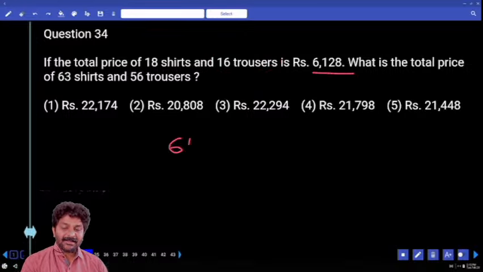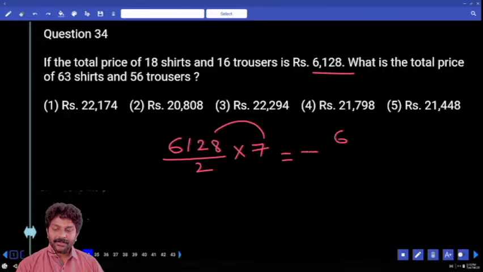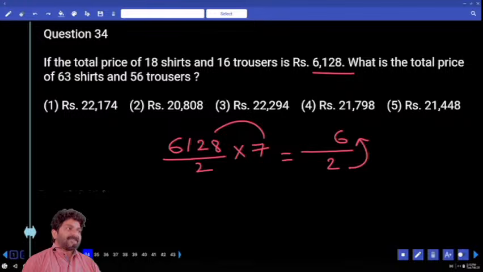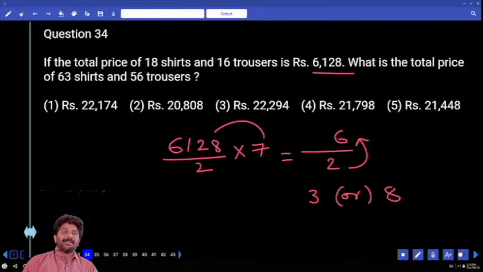How much is that? By 2 into 7. Correct? Numerator ends with 7 into 8 ends with denominator 2 into which number ends with 6? Either 3. That means answer must end with either 3 or 8 only.